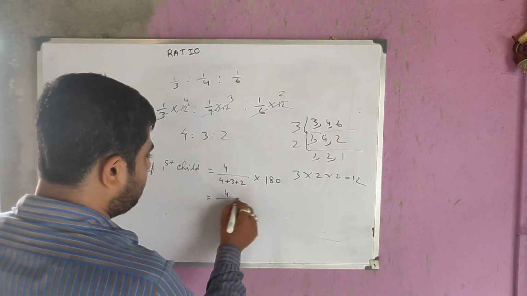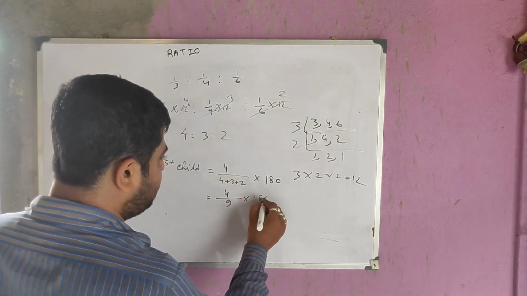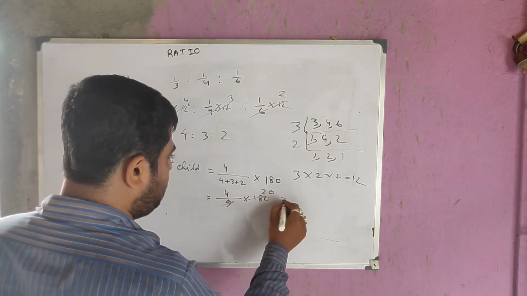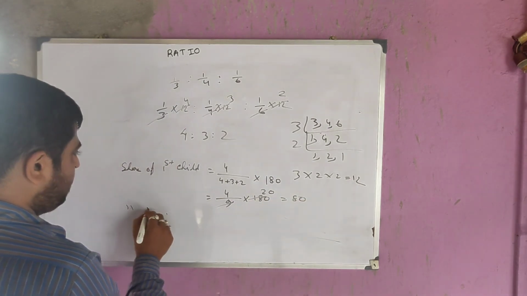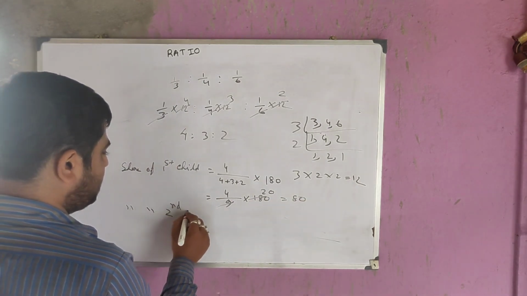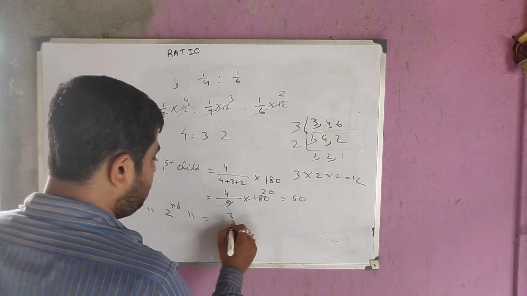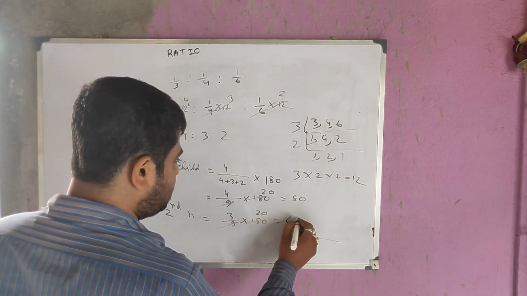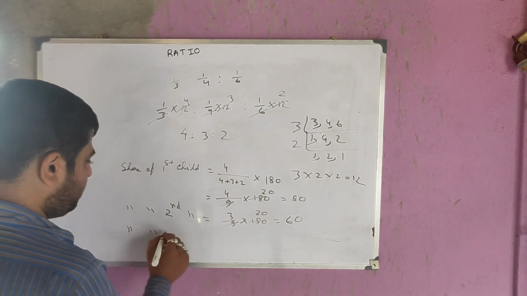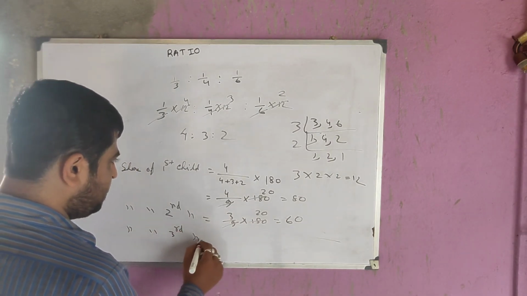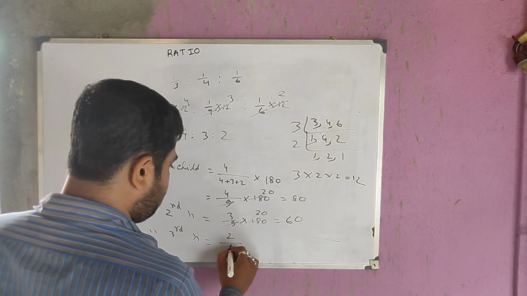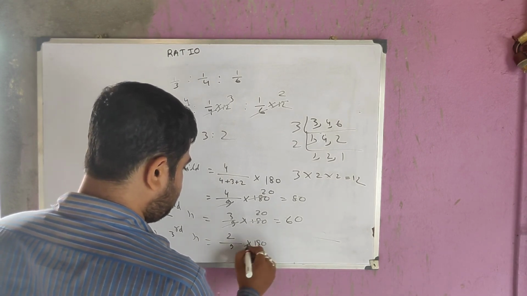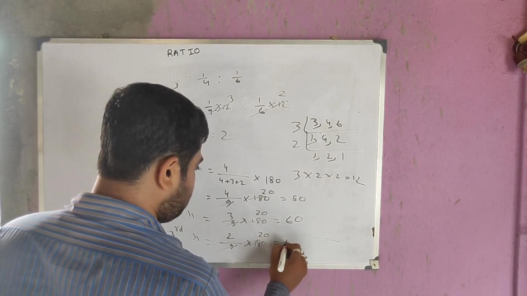So 4 by 9 into 180, 9 20s are 180. Share of second child, 3 by 9 into 180, 60. Share of third child, 2 by 9 into 180, 9 20s are 180.